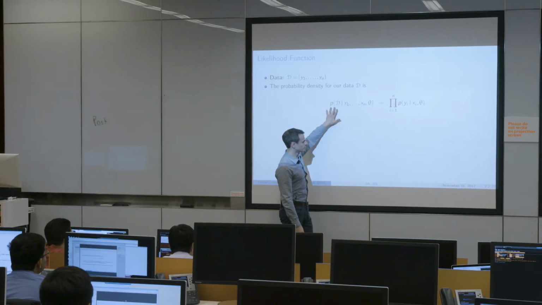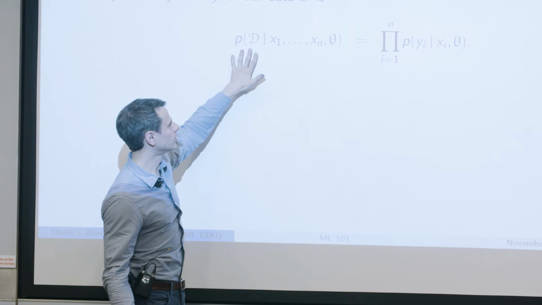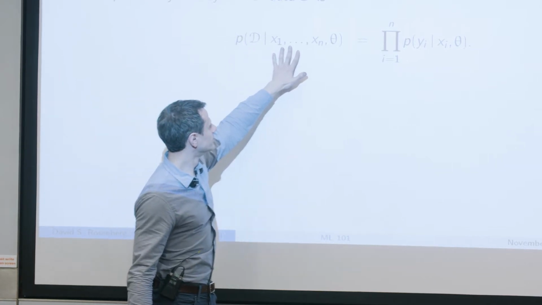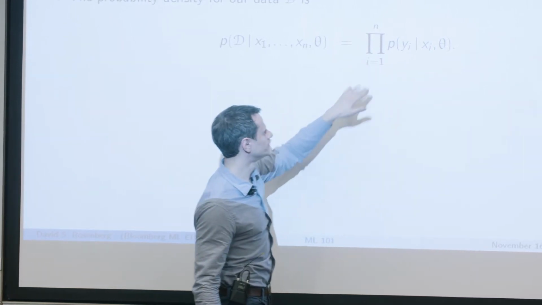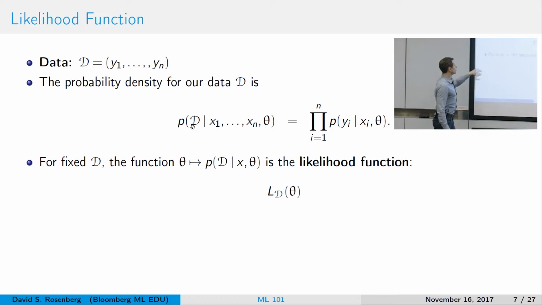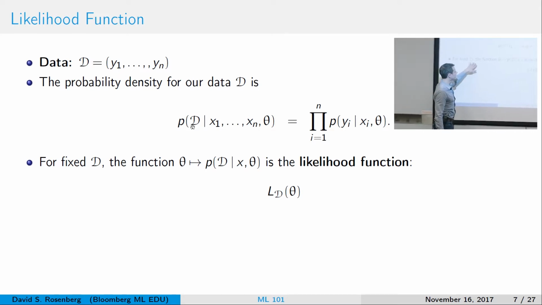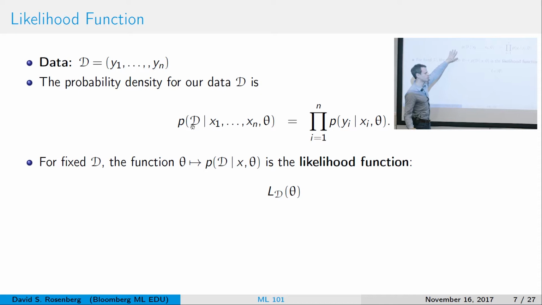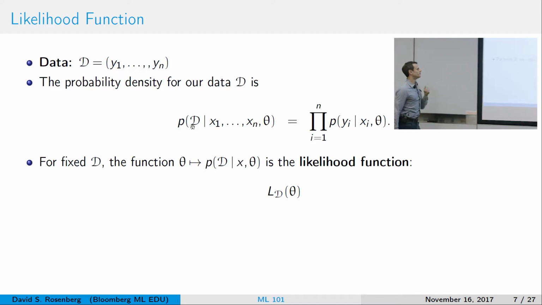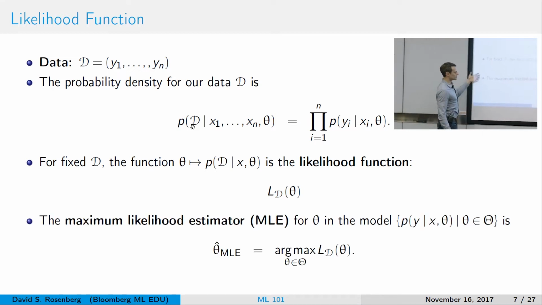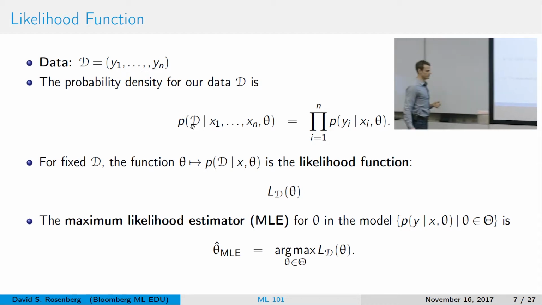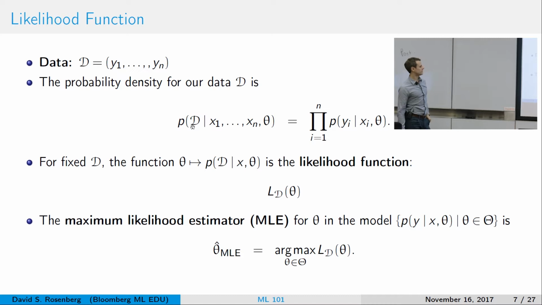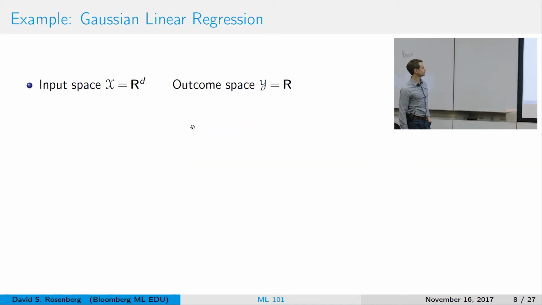So the conditional density, or likelihood, of the observed data D given the inputs and theta, has this factorization because of the independence assumption. And just as before, if we want to highlight the fact that for fixed data this is a function of the parameter theta, we can introduce this notation for the likelihood function. And of course, we can then still define our maximum likelihood estimator as the argmax of that likelihood function for the given data. Very straightforward adaptation.